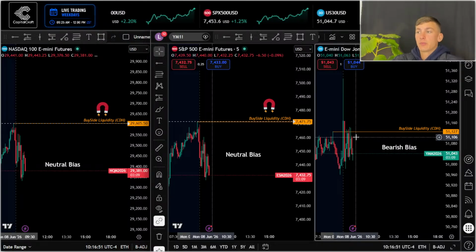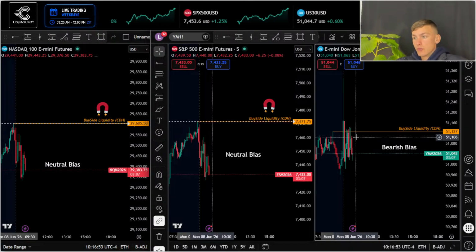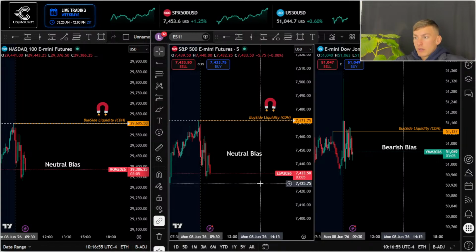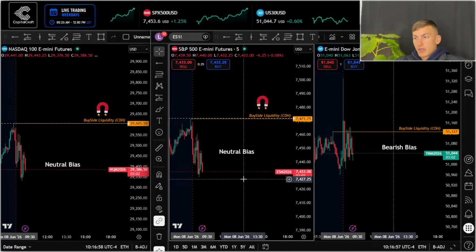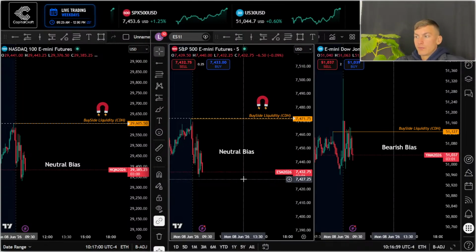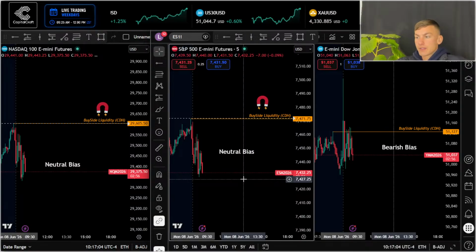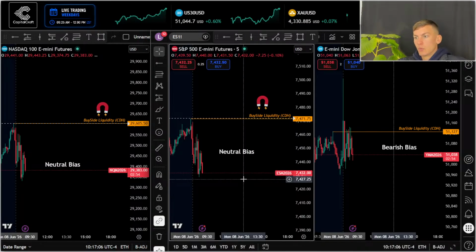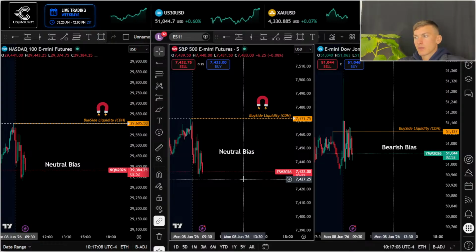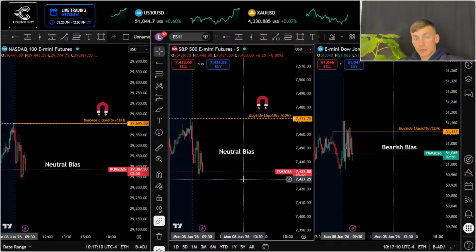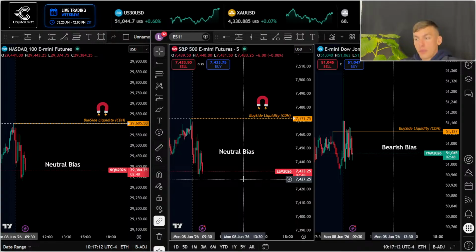That is very important, and it cannot be overemphasized. They need to have identical price action, they need to move with one another.